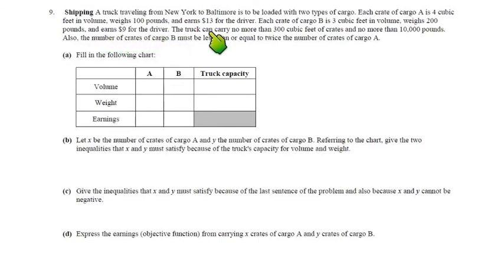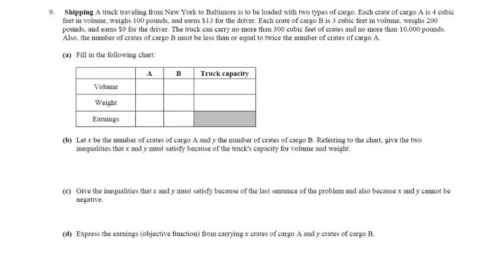The truck can carry no more than 300 cubic feet of crates and no more than 10,000 pounds. Also, the number of crates of cargo B must be less than or equal to twice the number of crates of cargo A. Part A says we're going to begin by just filling in the chart, basically taking this word problem and converting it to the numeric values here.